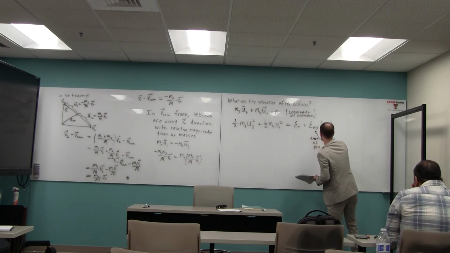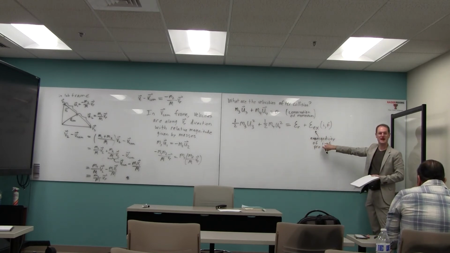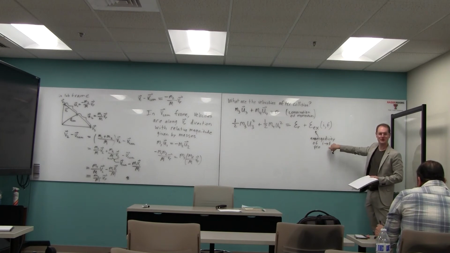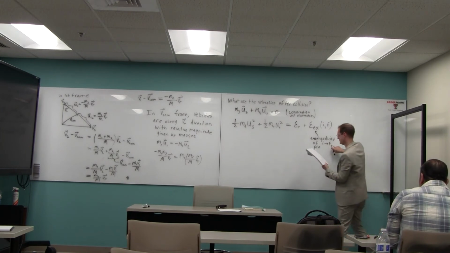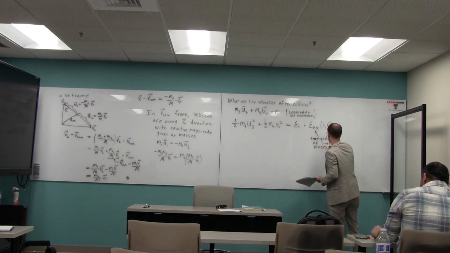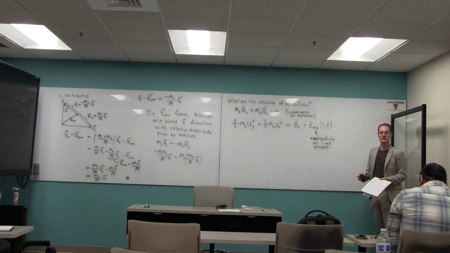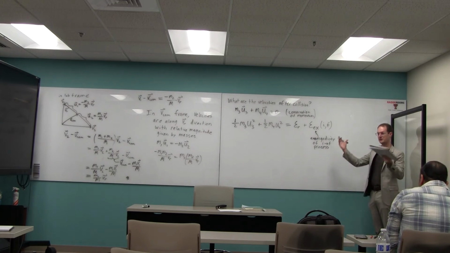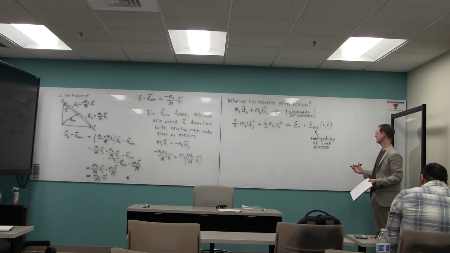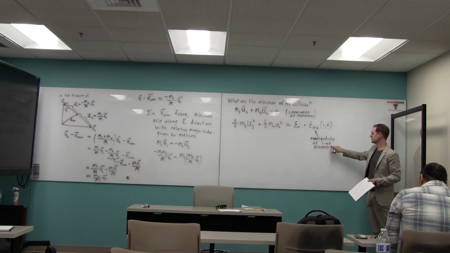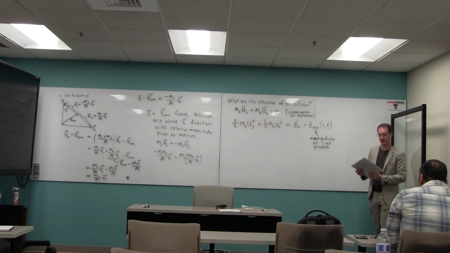The process that takes initial molecules in state I to final molecules in state F. And as we have already said, this energy could involve changes in internal quantum numbers of the molecules. It could involve the energy due to a chemical reaction, and so forth.